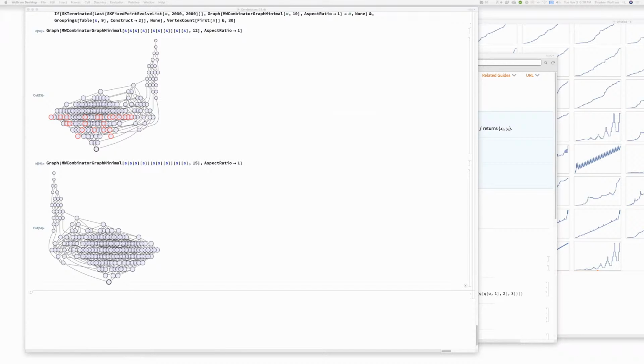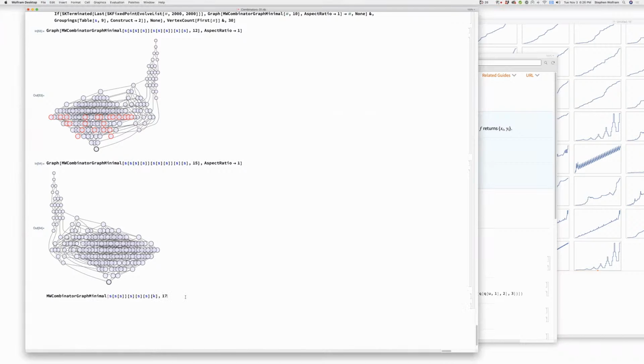Hold on. Just want to check this here. This is one with a K combinator as well, where I think at, let's say, 15 steps, oops.